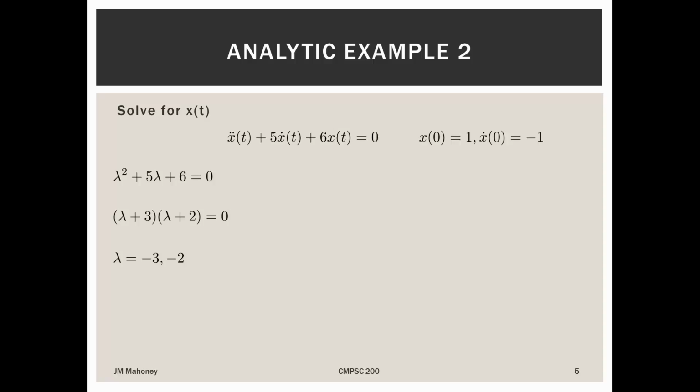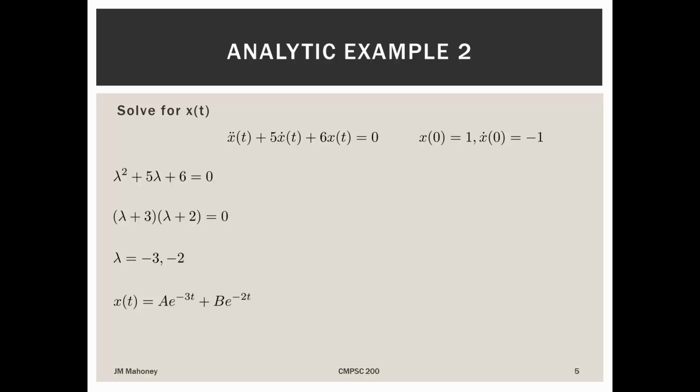And we know that for a second order differential equation, if we can find those roots, then the standard form of our solution is going to look like some constant a times e to the negative 3t, that negative 3 coming from the first solution, negative 3, plus another constant we don't know yet, b, times e to the negative 2t.